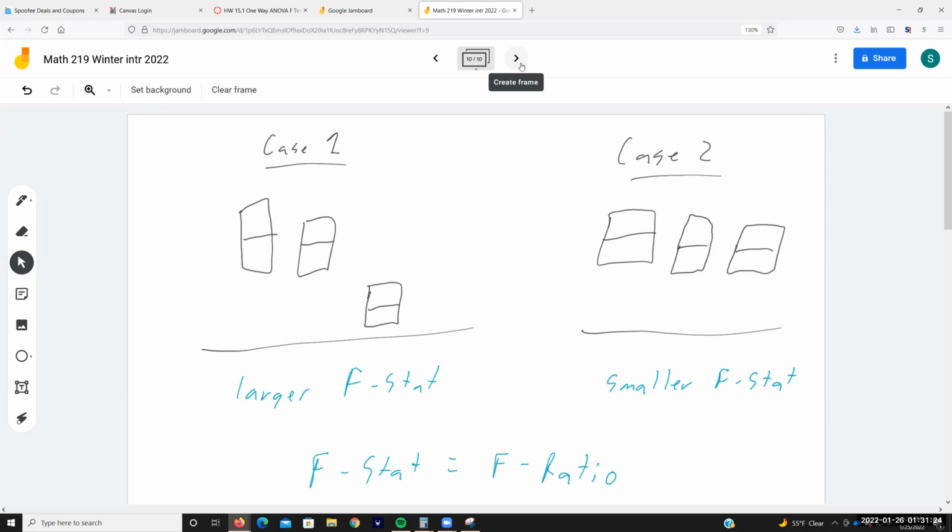Visually, we understand how close the groups of data agree with each other. Are they really close or are they far apart? We try to create a numerical number for that. That numerical number is the F ratio, the F stat. That's why when we do ANOVA, these are multiple samples, because we're comparing multiple things all the time.